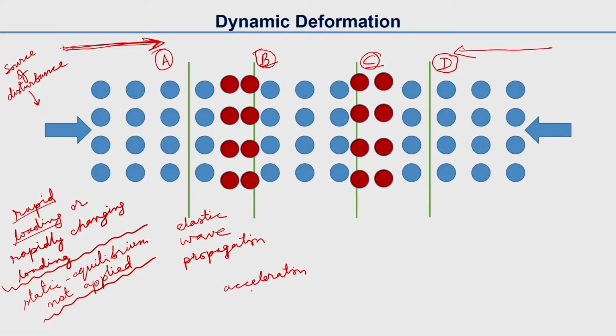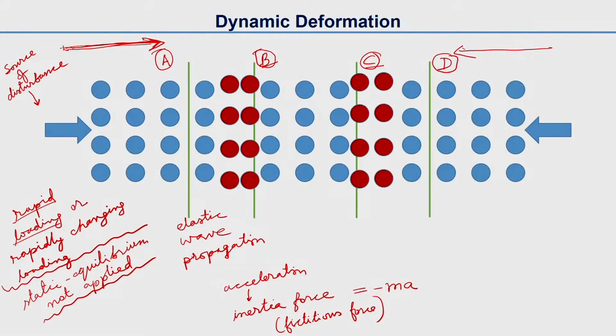And this acceleration will give the inertia force, which is a fictitious force, and that is equal to the negative of mass times acceleration, that acts in the opposite direction.